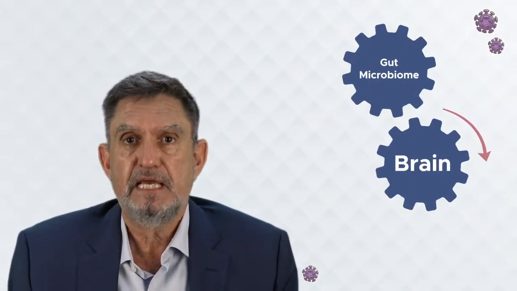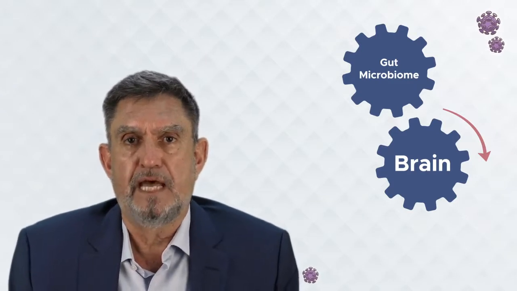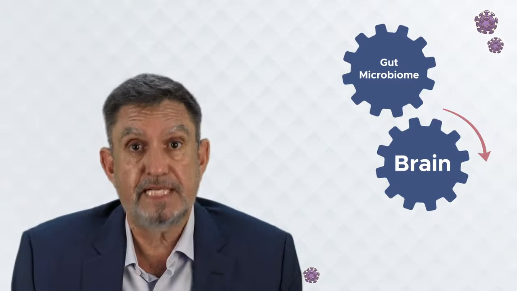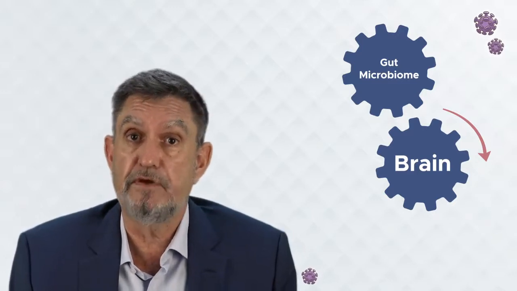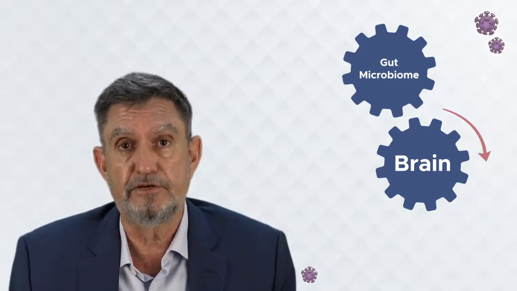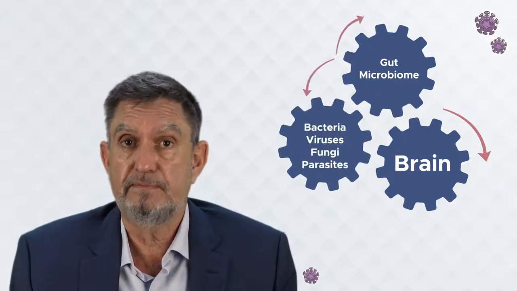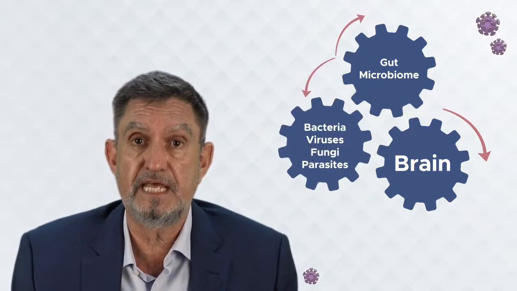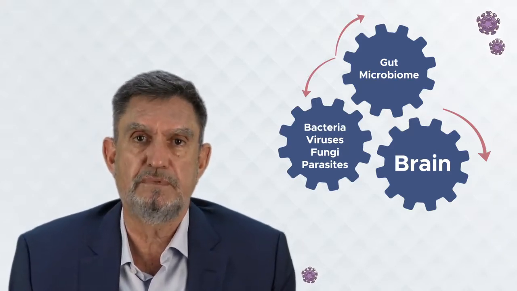So it's well established that there is now a gut-brain axis where the microbiome in your gut protects against neurodegenerative conditions, and if you have a dysbiosed gut microbiome, you're at greater risk of neurodegenerative disease. Remember that the microbiome is not just bacteria, but it also includes viruses, candida, fungi, and parasites, and I'm not going to talk much to those species.